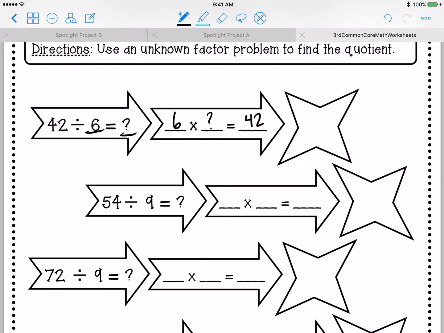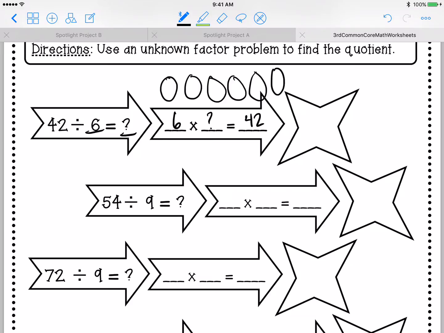Okay, let's think about this. We can make 6 circles. We can do that. And we can put tallies in them until we get to 42. That's a strategy. We can think about our rhymes and times. 6 times something, rings for you, put them on all 42.